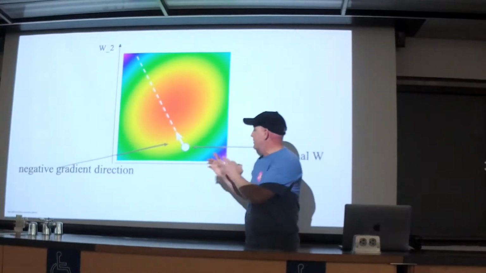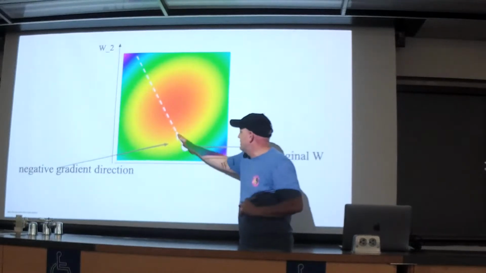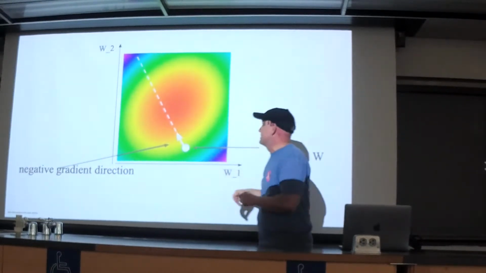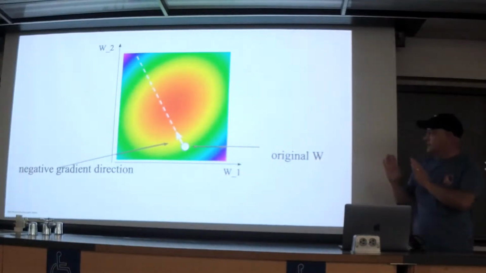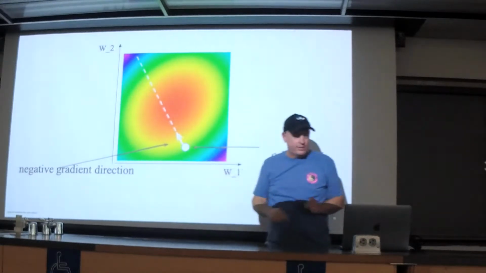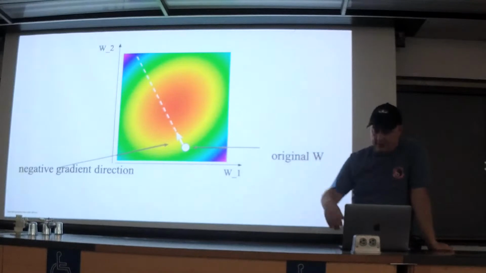So the negative gradient gives us the direction of most decrease. Sorry, I said that wrong. The gradient is the greatest increase, this would be the greatest decrease. And then we'd be taking some step there. That gives us a new set of weights, and we would just do this, and we'd hope that we would get to the minimum of this surface fairly quickly.